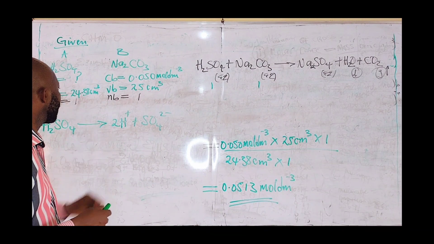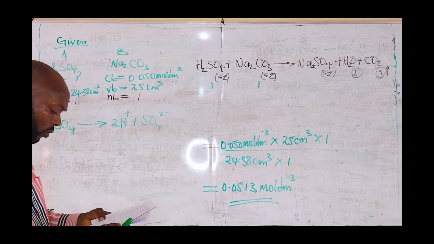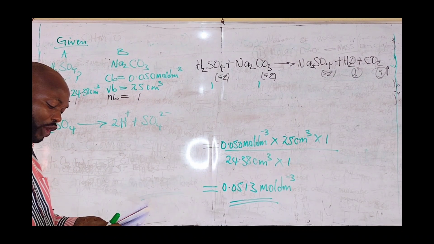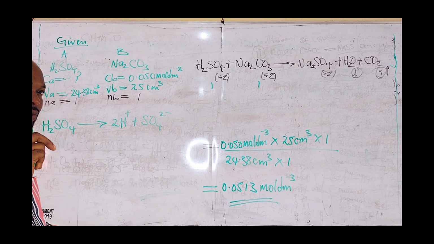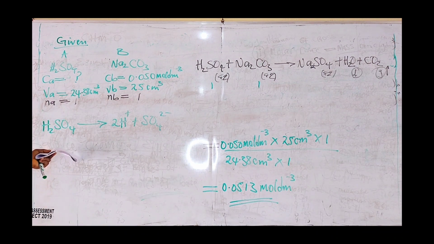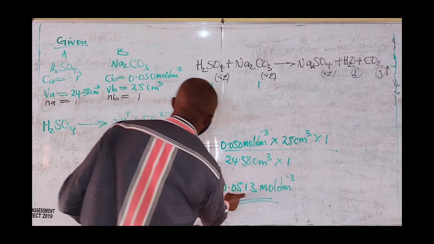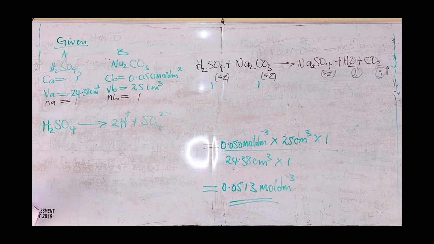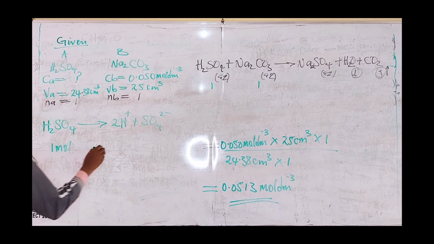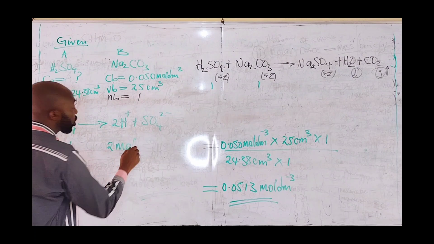So now they say number of hydrogen ions in 1 dm cube of A. So from A, what do we have? The mole per dm cube of A here was calculated to be this. So we'll come back here and say 1 mole of this gives us 2 moles of this. This is mole concept.